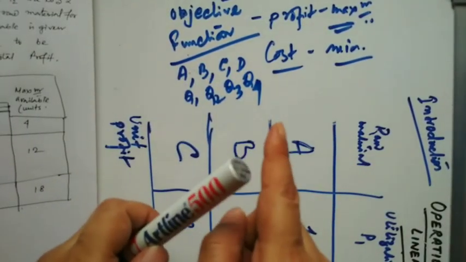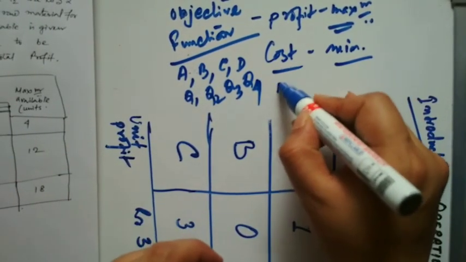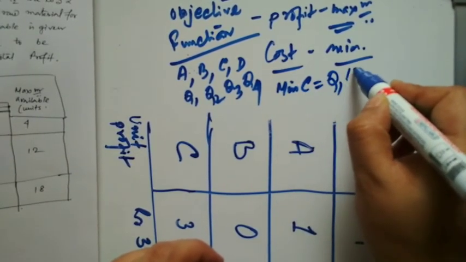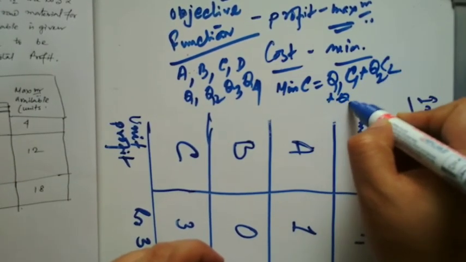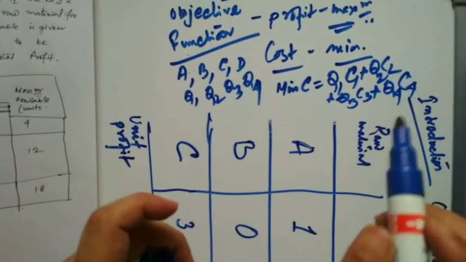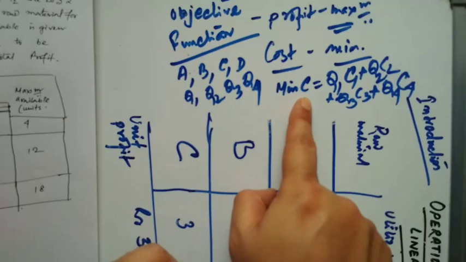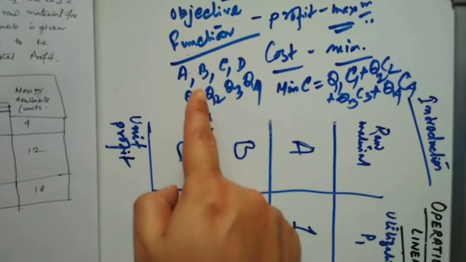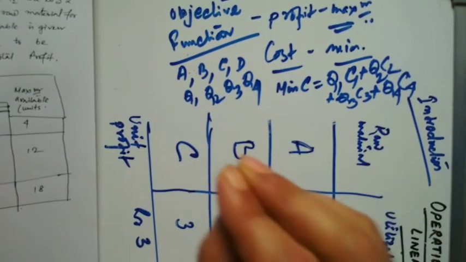Now the objective function can be stated as: minimize cost equal to Q1 into C1 plus Q2 into C2 plus Q3 into C3 plus Q4 into C4. So this C is the total cost of production, and C1, C2, C3, C4 are the unit costs of production of the products A, B, C, and D respectively. So this is what an objective function does.